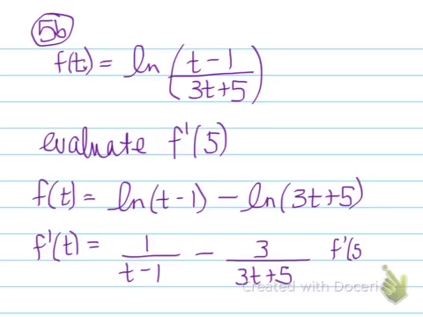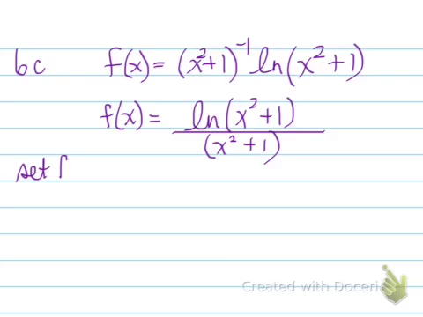So this was 6c from one of the homeworks you've had assigned. And here it is, and you're asked to find the derivative. Before we do that, we convert it so that it is in a division statement. So instead of using product rule, we're going to use quotient rule.